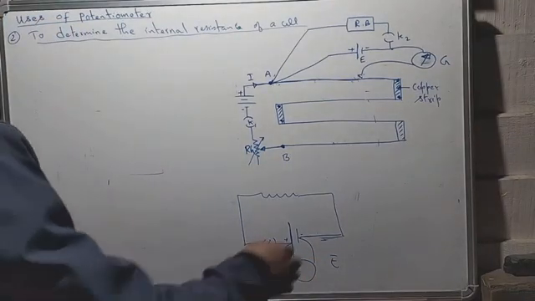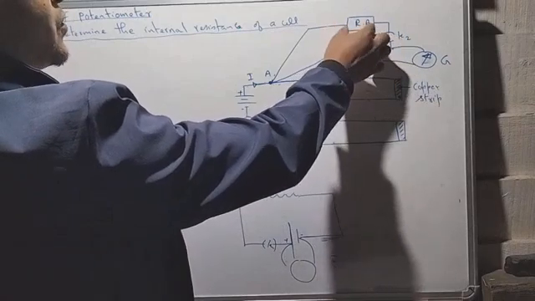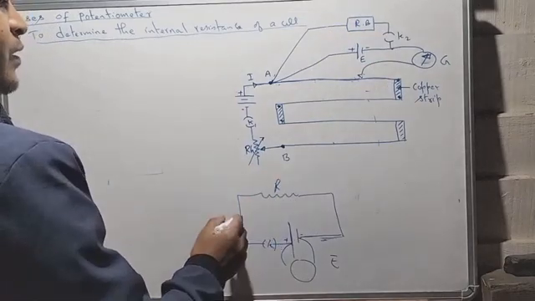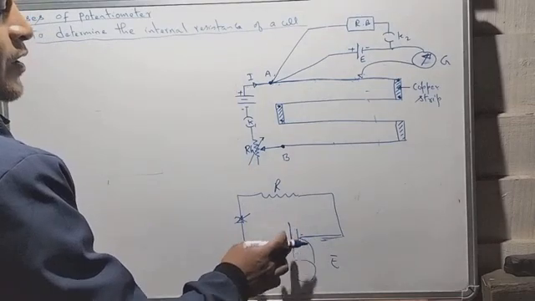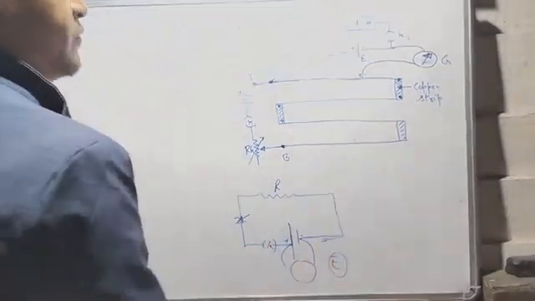In this case, because this key is open, no current is passing through the external resistance, just like here, when this key is open, there is no current passing through this capital R. So the potential difference between the two terminals stands for the EMF.